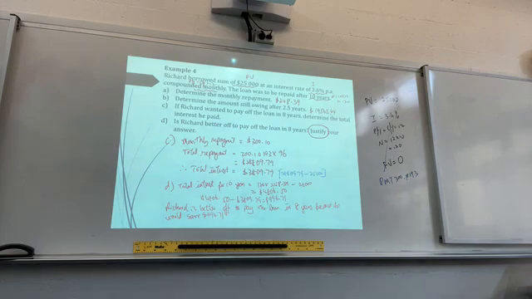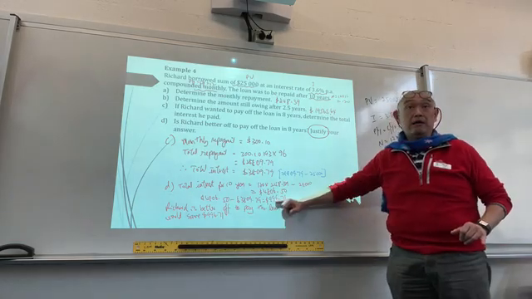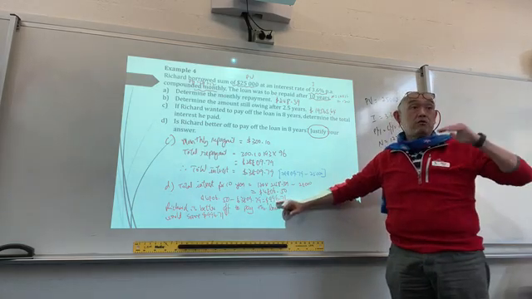Write something to that effect. You can say that the total repayment is 996.71 less, and so on and so forth. As long as you convey the message of that. Always convey the message.